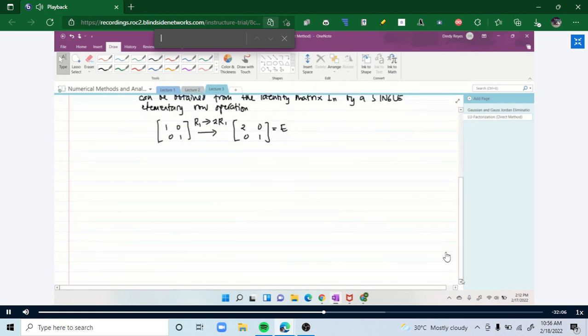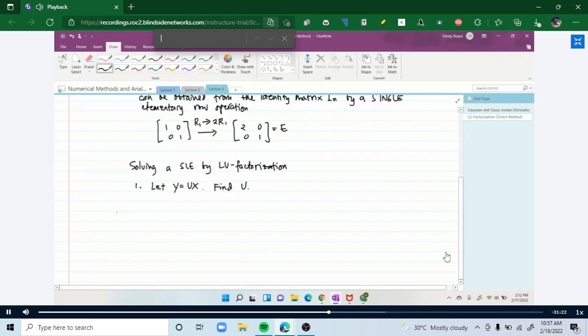Okay, so now how do you solve a system of linear equations using LU factorization? This will involve elementary matrices. First, you let y be equal to Ux. From there, you have to find the upper triangular matrix U. Second, solve Ly equals B for y.